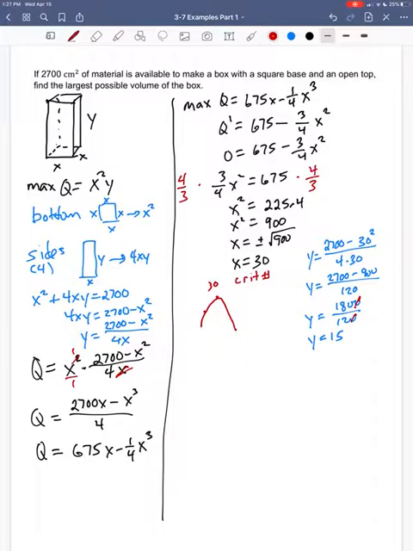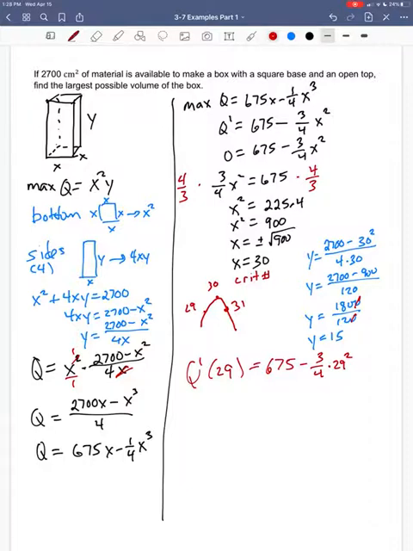What I need to do is take a couple values on either side of this, like 29 and 31, and see what happens if I put those x values into my derivative up here. Okay, so I'm going to look at q prime of 29. That would be 675 minus 3/4 times 29 squared.